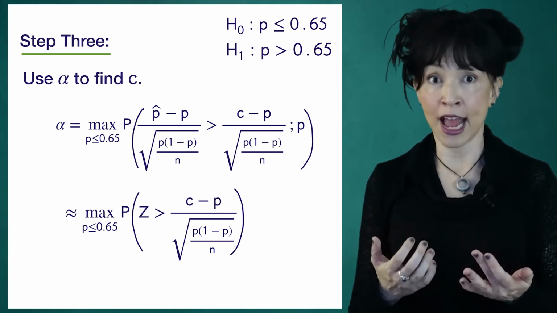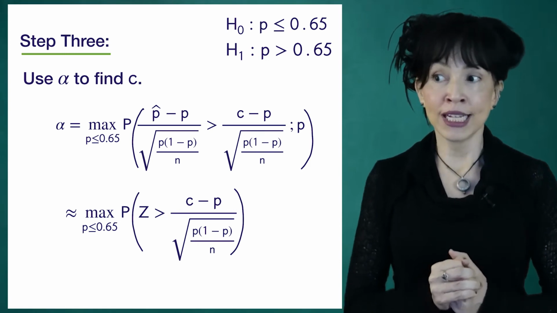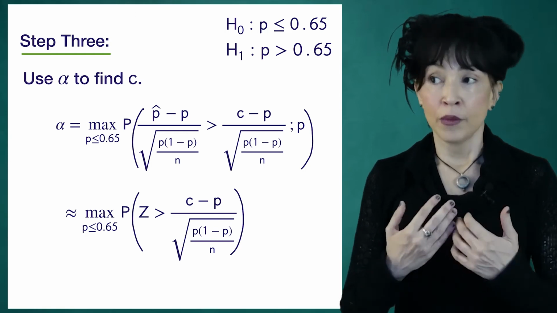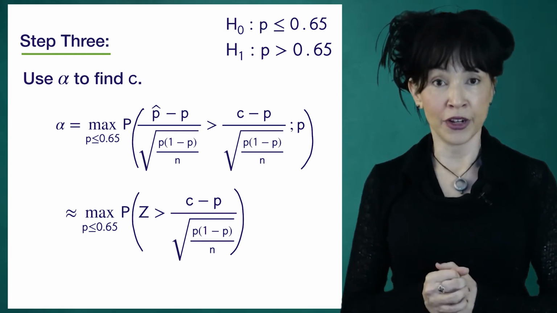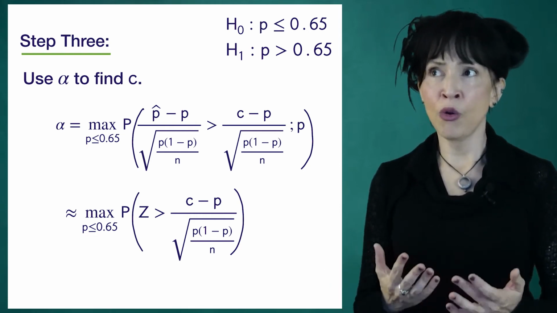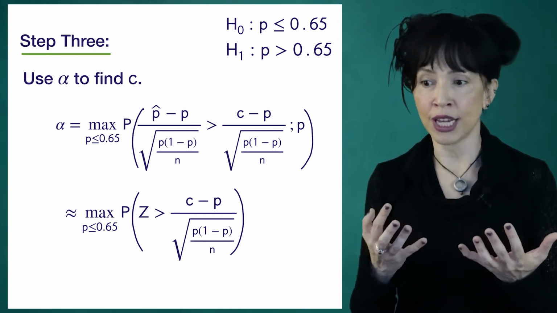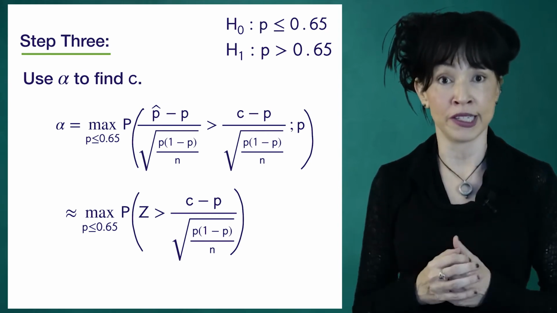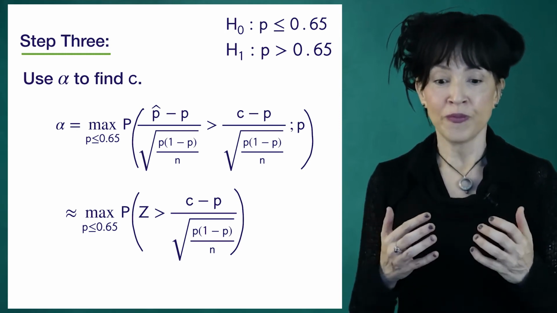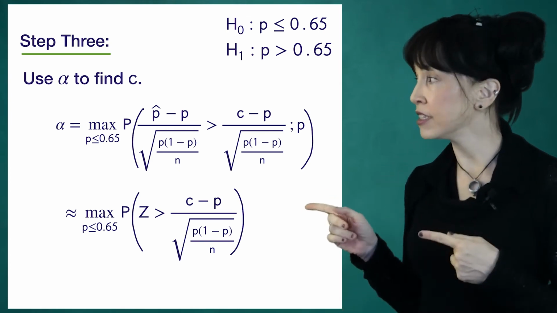Now, p hat is a sample proportion. It's the proportion of people in the sample who liked candidate A. So it's not going to make sense to have c's greater than 1, because you will never reject the null hypothesis then, which might sound good to you, but we can't do that because there will be error and we'll never be able to get that probability equal to the 0.10 or the alpha we want if that probability is always 1. So I'm going to consider just c's between 0 and 1 and graph this.